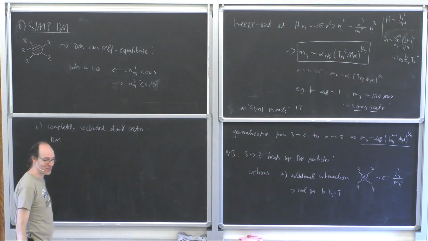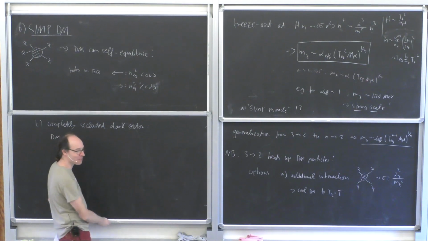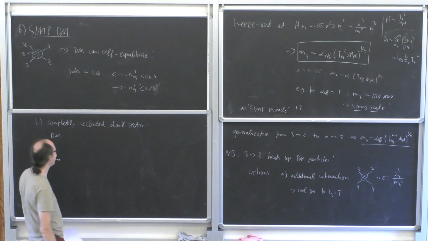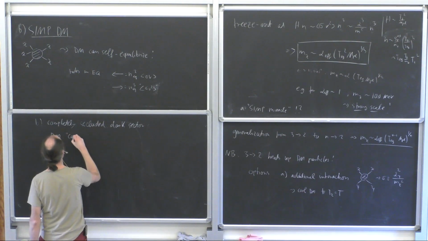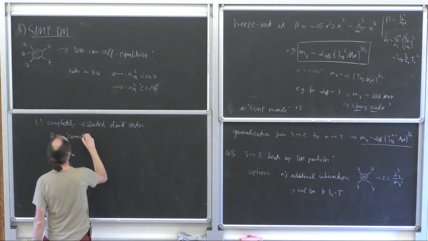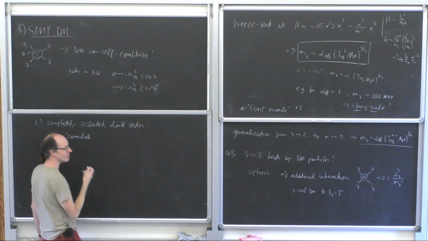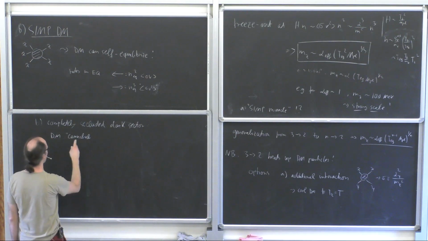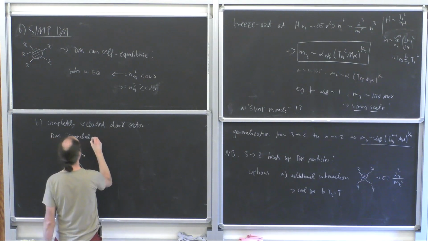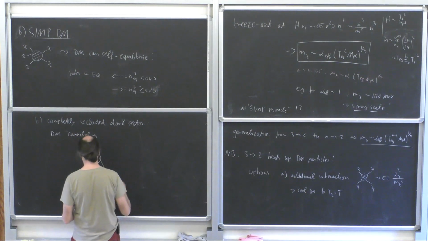So you see that people working in dark matter theory are sort of inventive. The place where this first appears is in the paper on self-interacting dark matter, where they describe this situation as follows, that dark matter cannibalizes itself to keep warm.